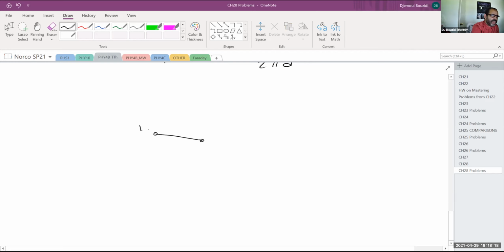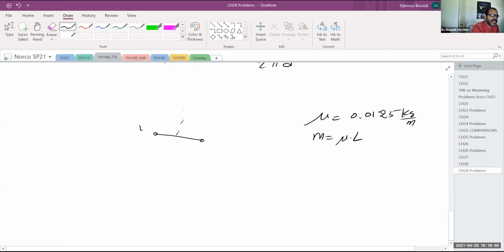They also tell us the linear mass per unit length for this cable is 0.0125 kilogram per meter. Okay, so if I take an L length, the mass of that element is mu times L. This is how much mass per unit length, but I took a finite length L.